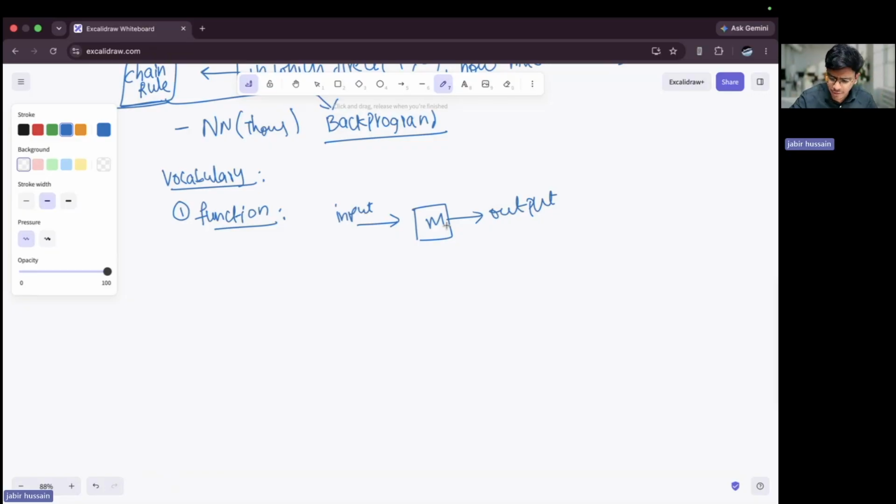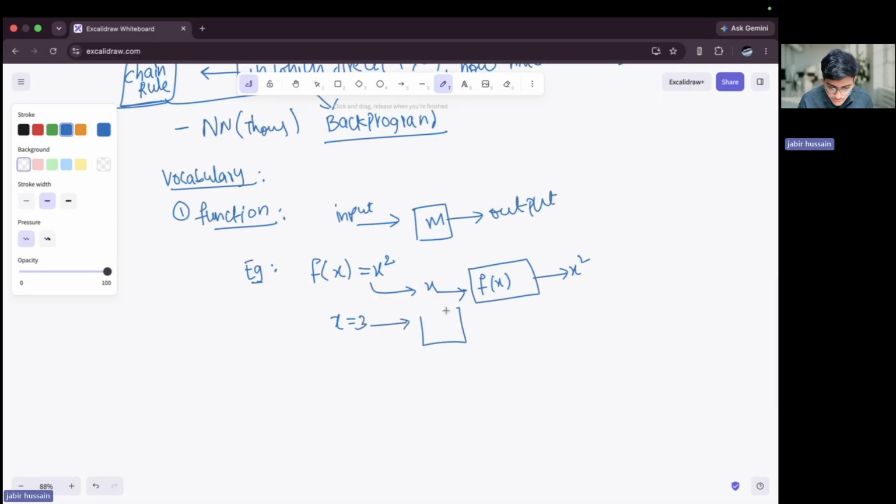I can give you an example. Let's say my function is f of x equals x square. Imagine this box as f of x. It takes x values and gives you the x square value. For example, if x is equal to 3, the input will be 3.